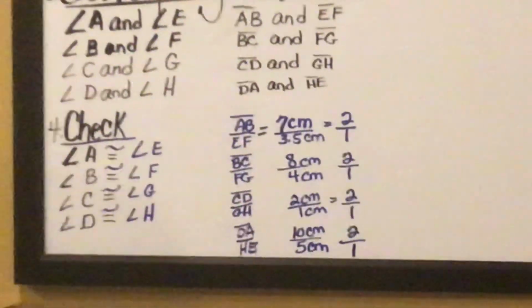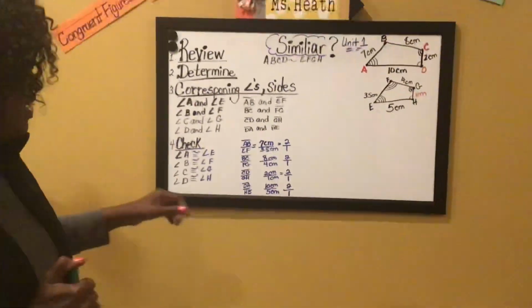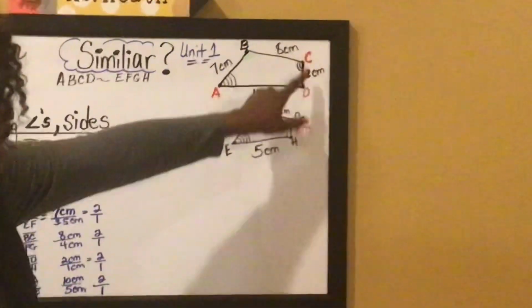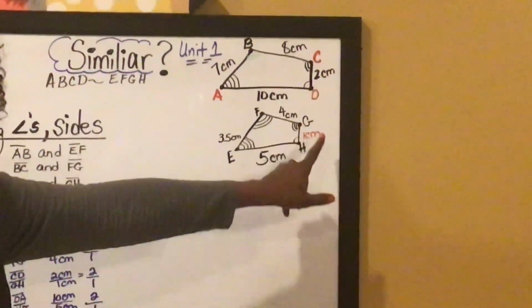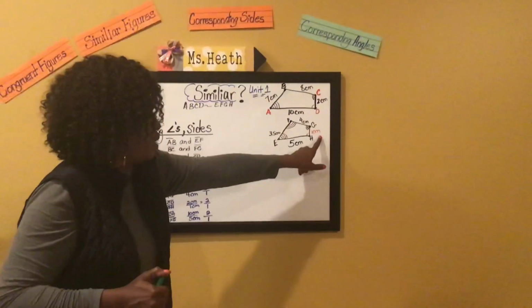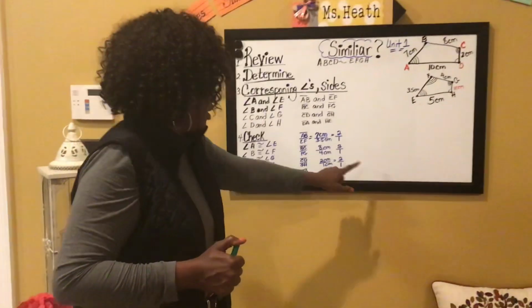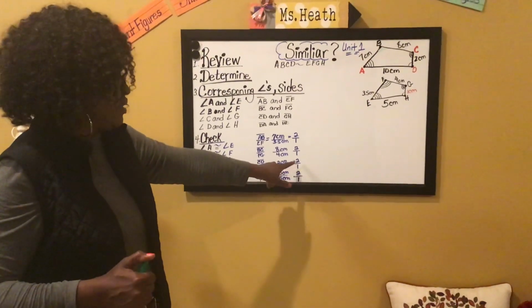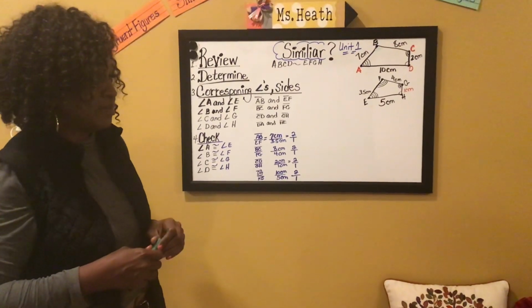So let's go ahead and check side CD over GH. Now we're ready for this one. CD is 2, GH is 1 centimeter. 2 centimeters, 1 centimeter. 2 over 1. Do my division. That's going to give me 2.